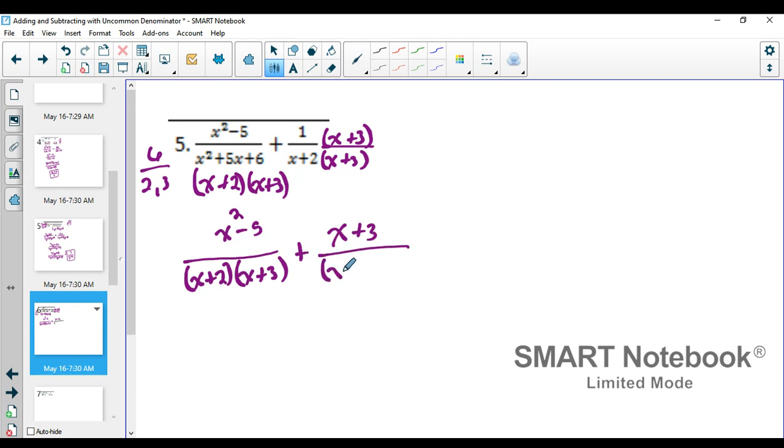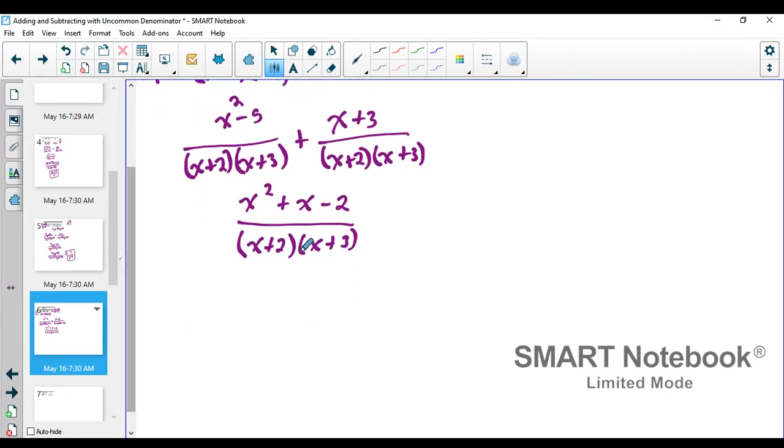And then we have x plus 2 and x plus 3. And now we just add. So there's no other x squared, so it's just going to stay x squared. There's no other x term in the numerator, so we're going to just plus x. Then negative 5 plus 3 is negative 2. And then over x plus 2 and x plus 3.